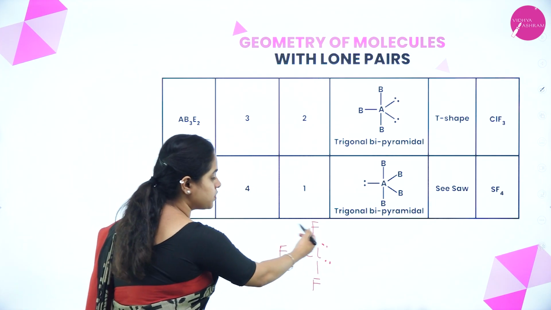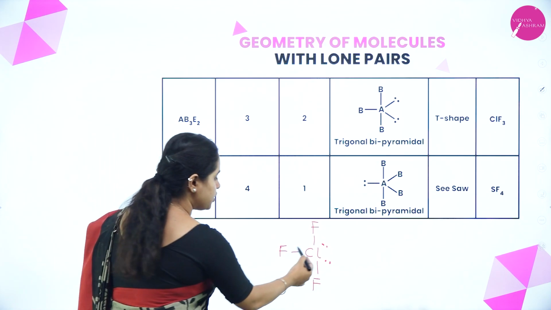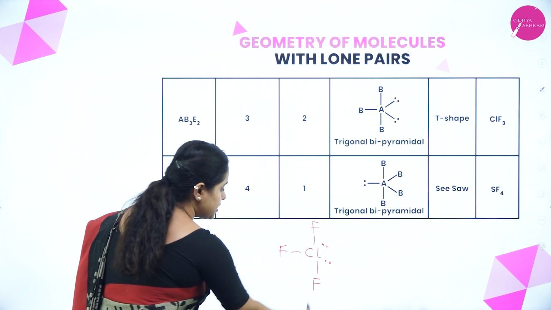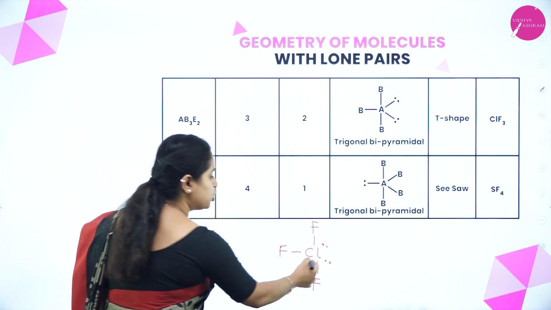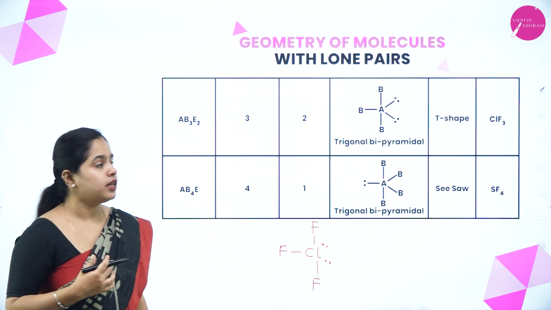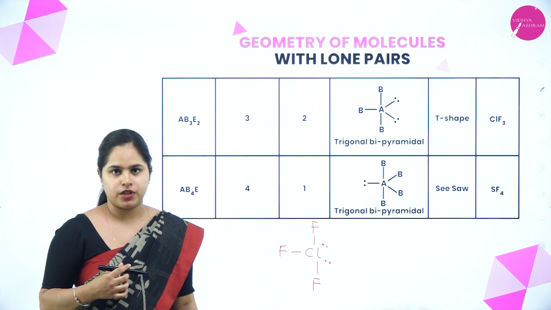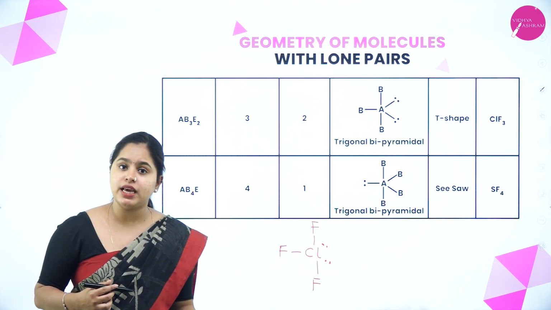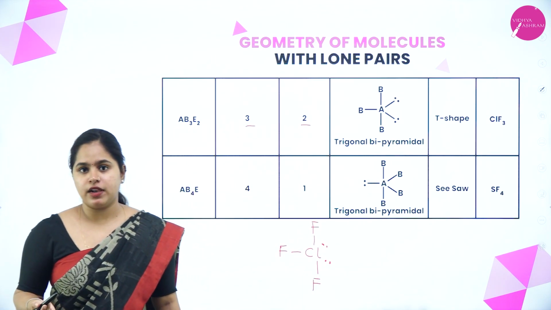Right, and the others will be present as lone pairs, right? Yes, so as you can see here, 3 ClF bonds are there, which are the bond pairs, and 2 lone pairs are also present on the central atom, right? So 3 bond pairs and 2 lone pairs. So a total of how many electron pairs are there? 3 plus 2, that is 5 electron pairs.